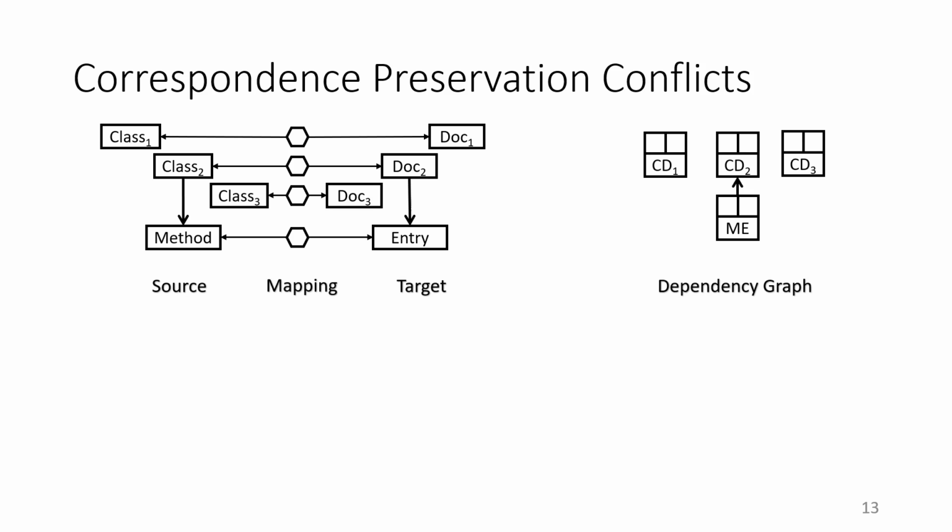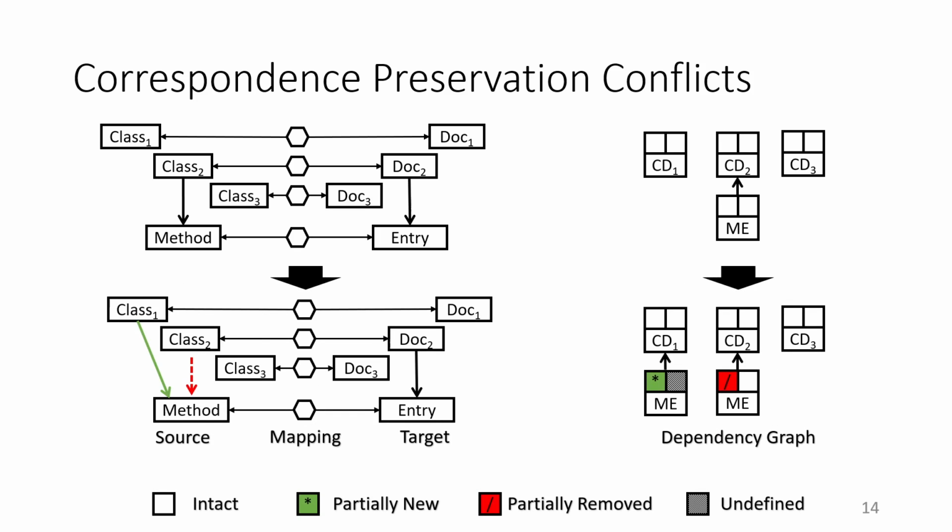Class 2 and document 2 have a corresponding method and entry. Now we apply a simple refactoring and move class 2 to class 1. Normally we could repair this for you by simply moving the entry from document 2 to document 1.